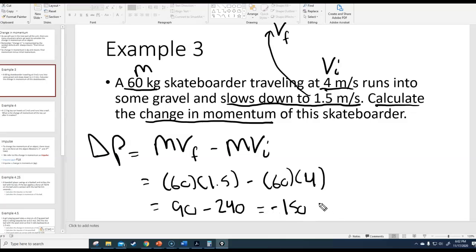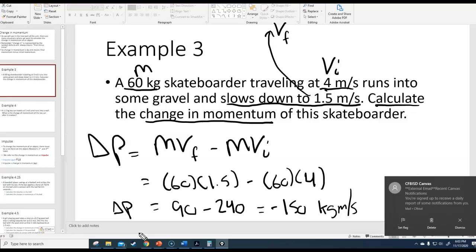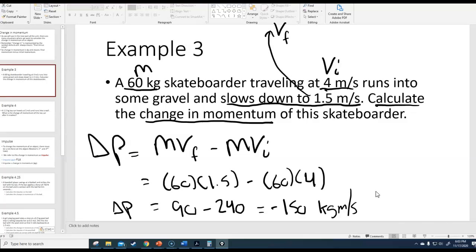And the unit for change in momentum is kilogram meters per second. Okay, so the change in momentum of the skateboarder is negative 150 kilogram meters per second. Notice, by the way, the negative sign in this case indicates that the skateboarder is slowing down. Okay, so that's why the change in momentum is negative. So pause it there if you need to look at that some more.